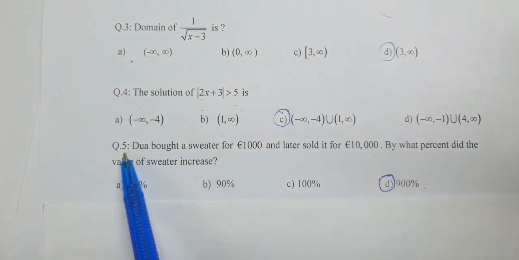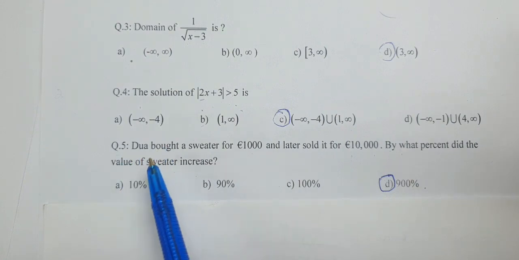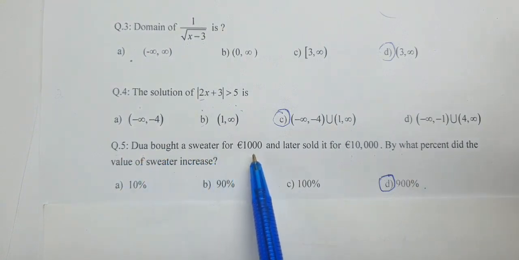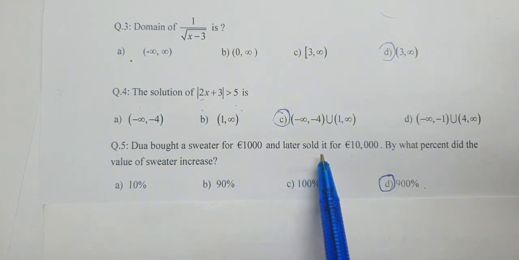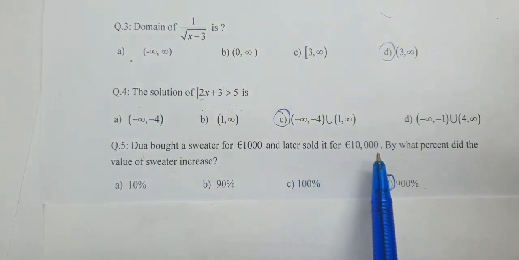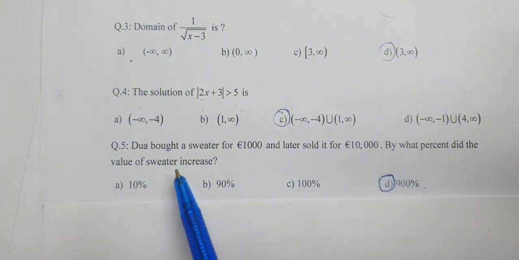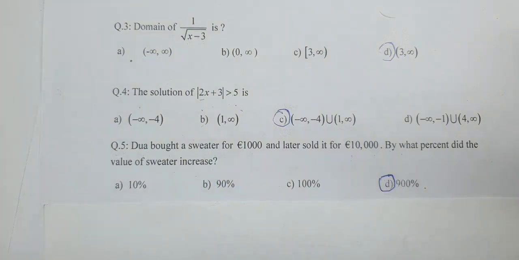Now the last one, question 5. Dua bought a sweater for 1000 euro and later on sold it for 10,000 euro. By what percent did the value of the sweater increase? So this is a problem of percentage increase, and we need to find the percentage increase in the value of the sweater.